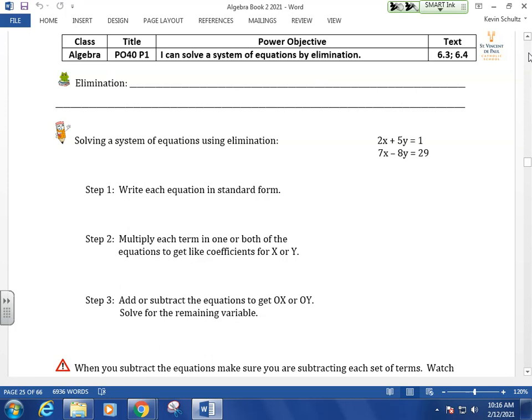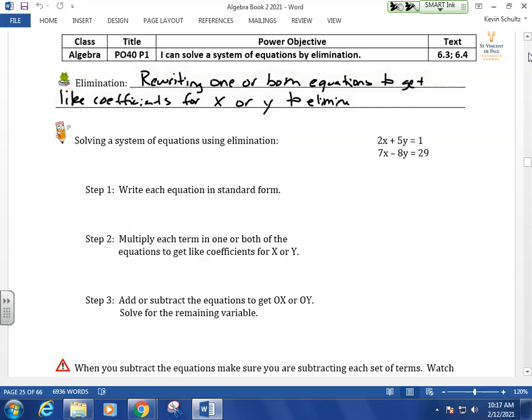Okay. The elimination method is rewriting one or both equations to get like coefficients for x or y to eliminate a variable term.